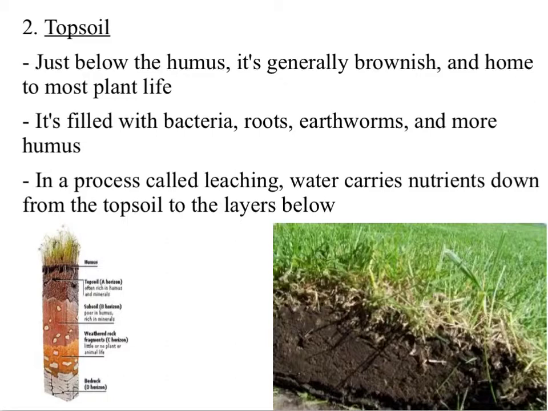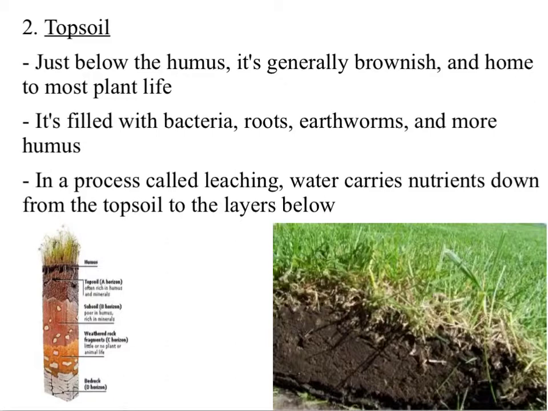One thing about topsoil, though, is that nutrients are leached out of it through a process called leaching, in which water carries the nutrients down because water likes to go downward.